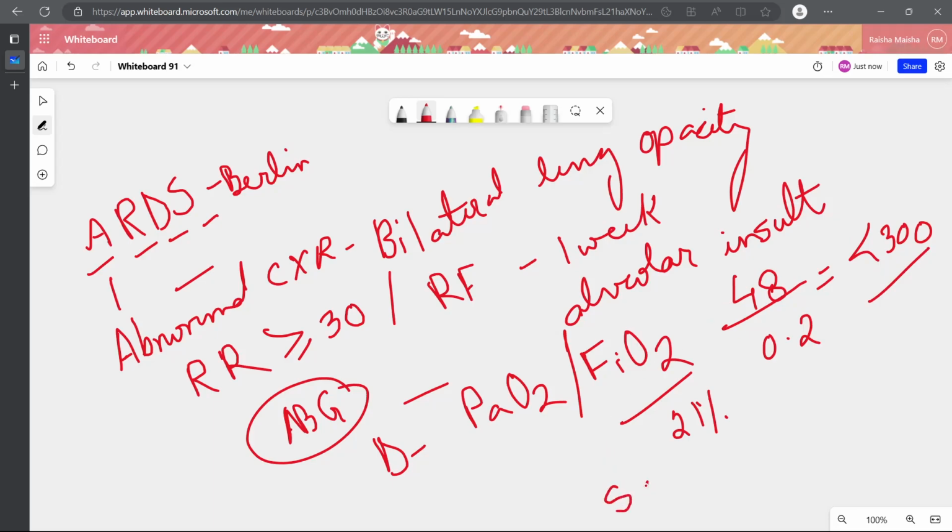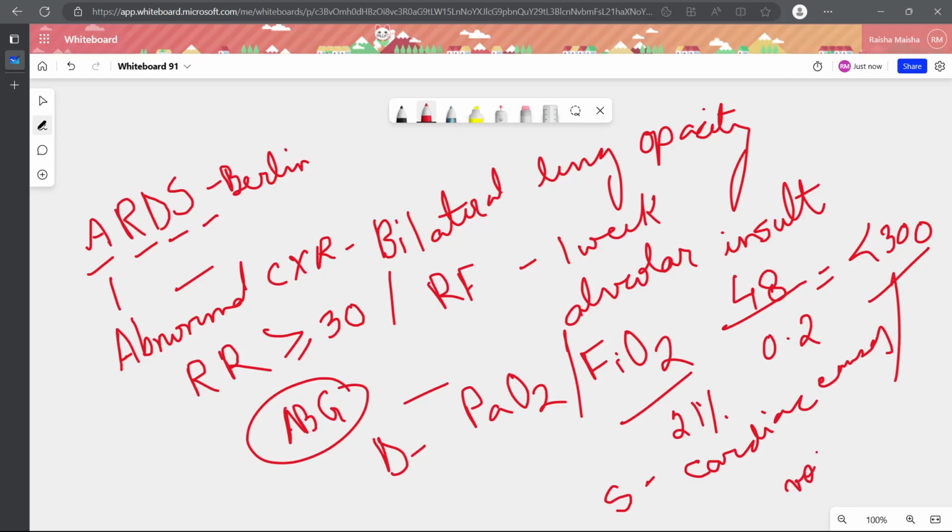And the last S stands for symptoms of respiratory failure not due to cardiac causes or volume overload.